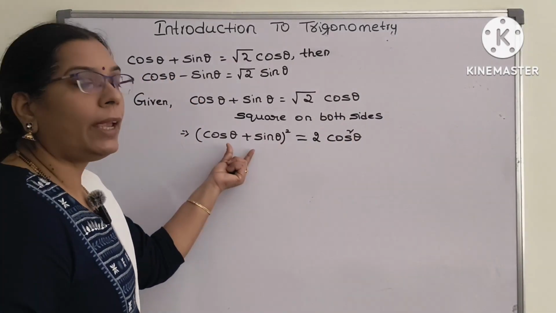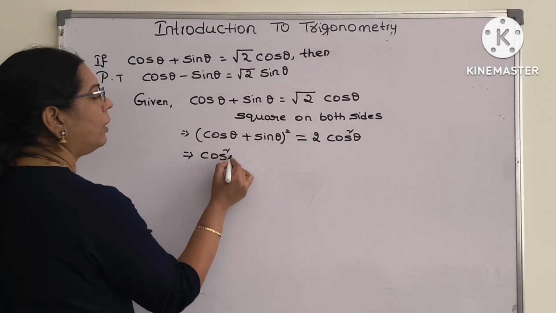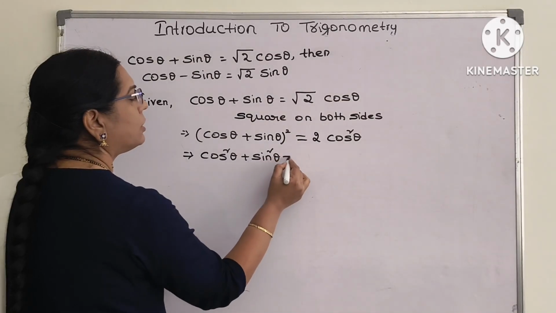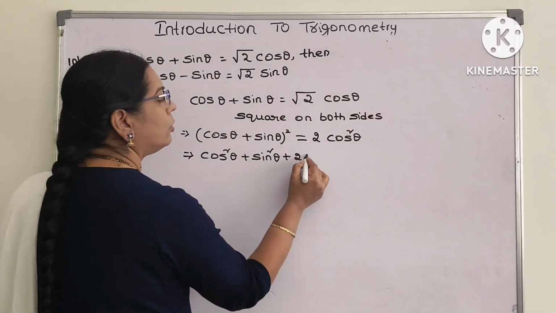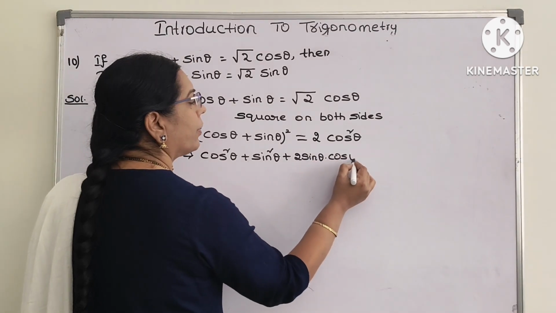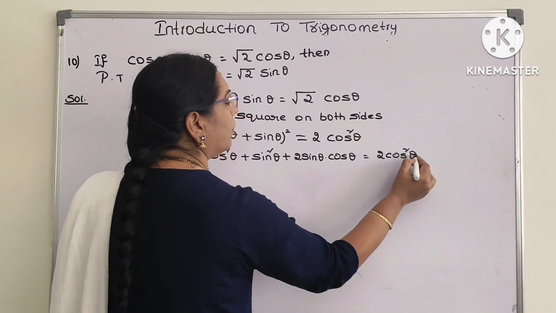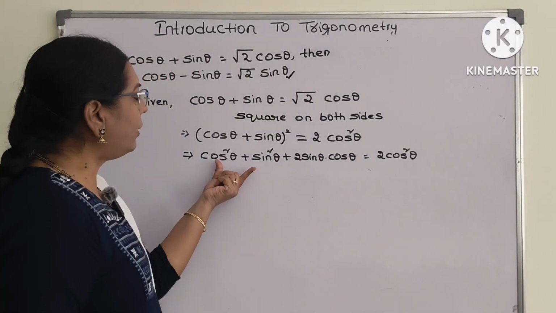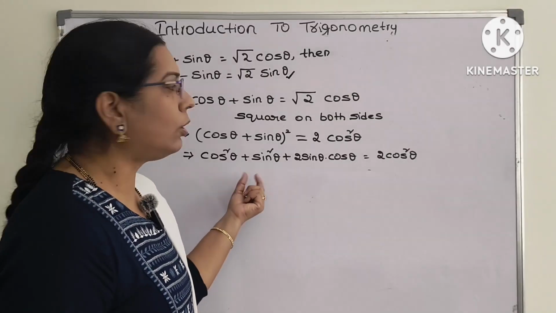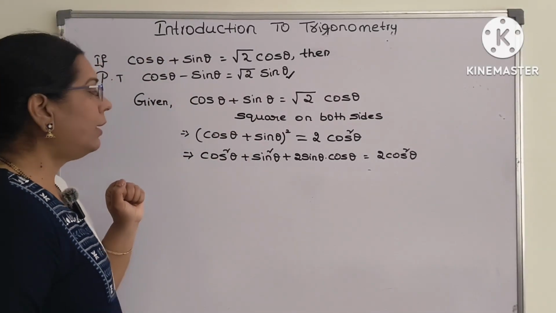Now, this is of the form a plus b whole square: a square plus b square plus 2ab, which is 2 sin theta cos theta, which is equal to 2 cos square theta. Now, you will be very much tempted to write cos square theta plus sin square theta as 1, but please do not do that, because we have to prove something entirely different in this sum.